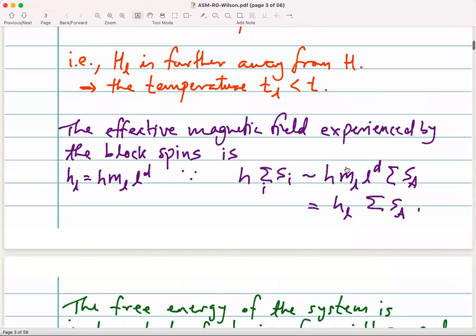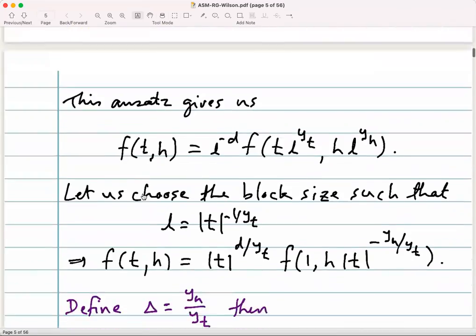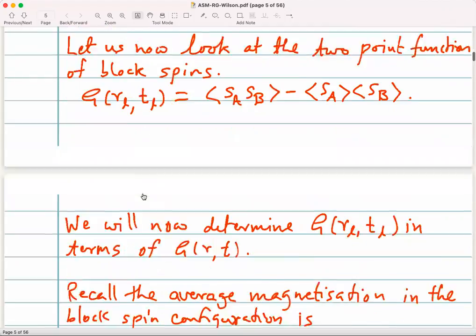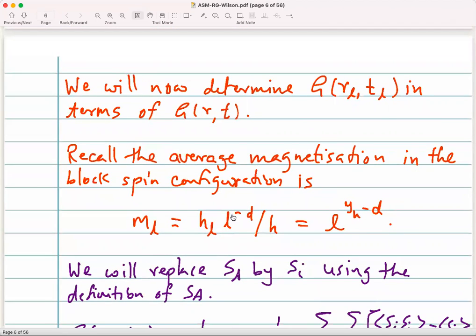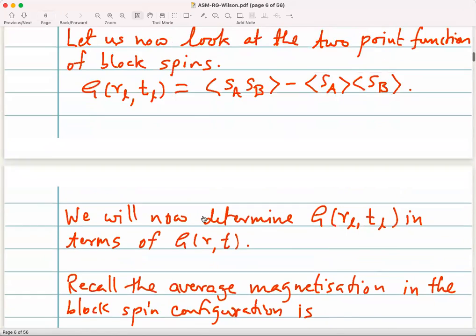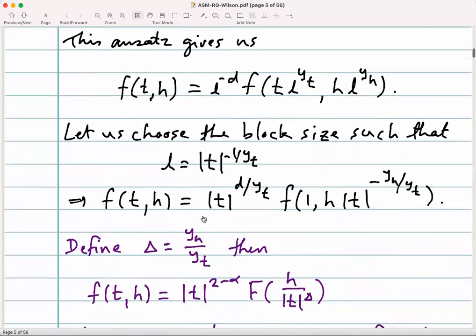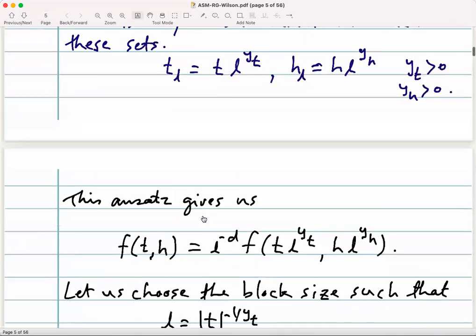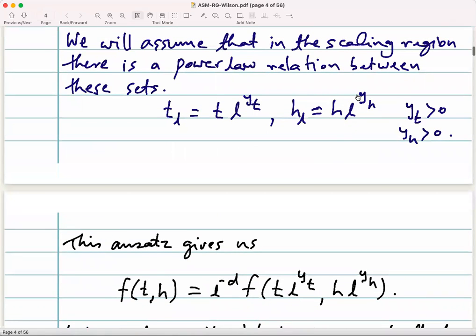We have this relation coming from the relation between SI and SA, the block spins, which told us that HL is equal to H times ML times L to the D. So that tells us that the average magnetization can be written as ML is equal to HL times L to the minus D upon H. And we said that HL scales as H times L to the YH.